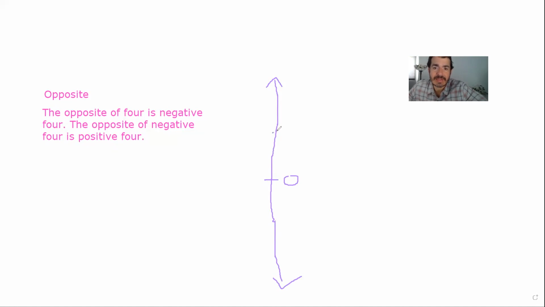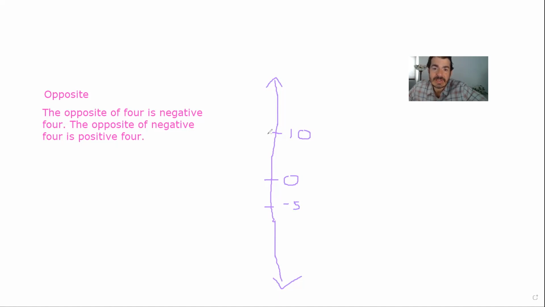But let's say we're looking at temperature and we're at positive 10 over here and negative 5 over here. Okay, so how far apart are 10 and negative 5?